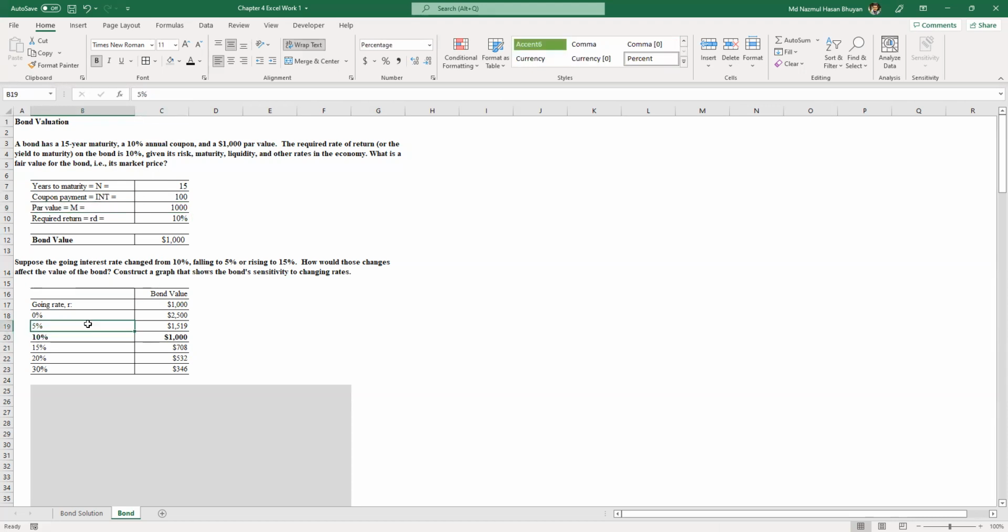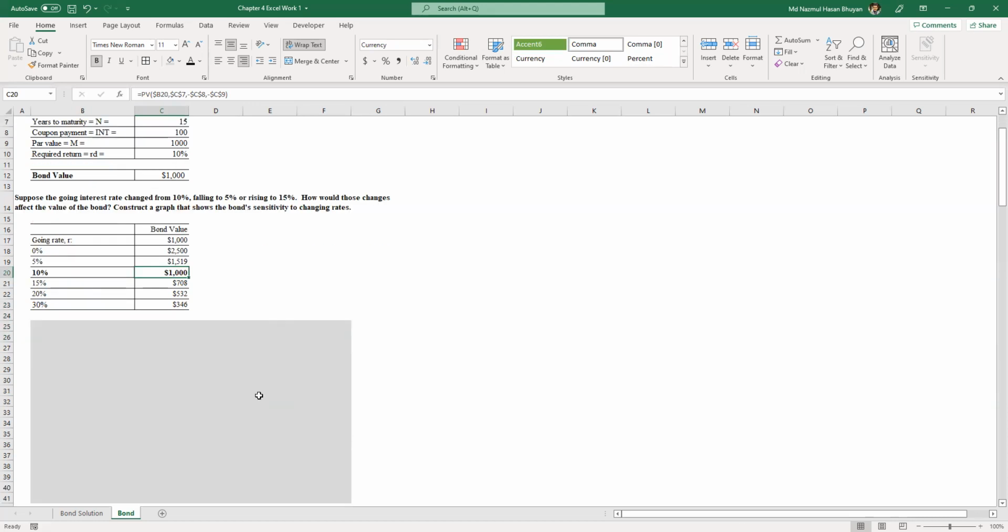Whenever market interest rate is less than the coupon rate, then the market value of the bond should be greater than the face value of the bond. On the other hand, whenever market interest rate is greater than the coupon rate of the bond, then the market value of the bond should be less than the face value of the bond. Okay. Now let us show this relationship graphically.